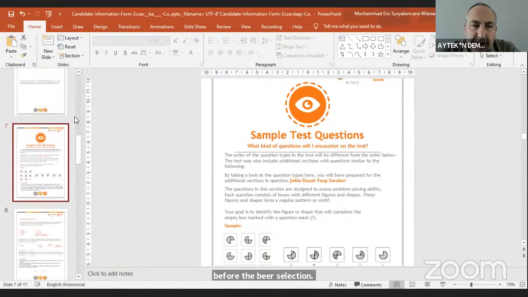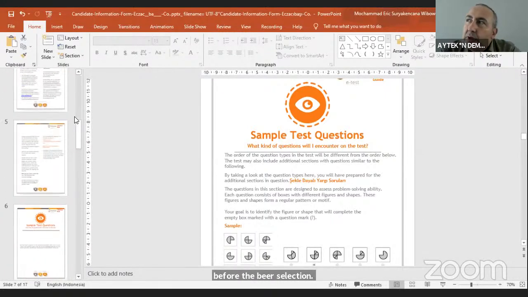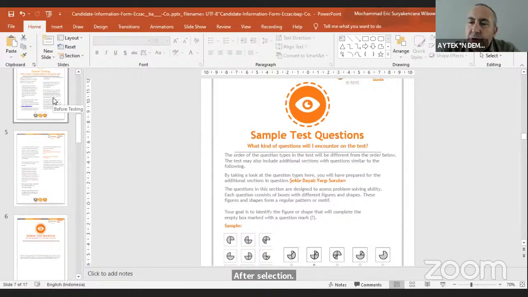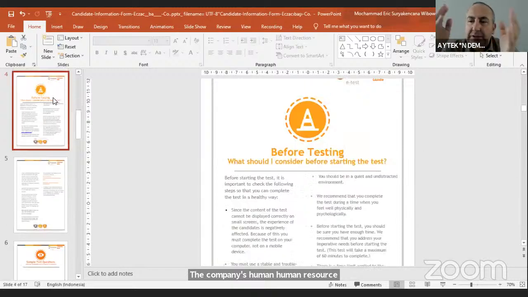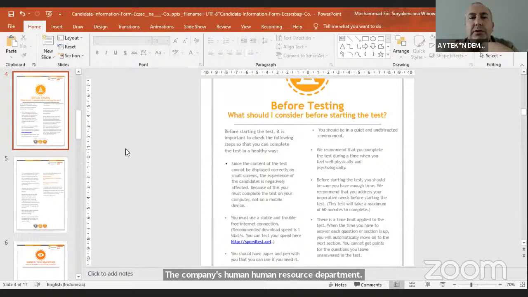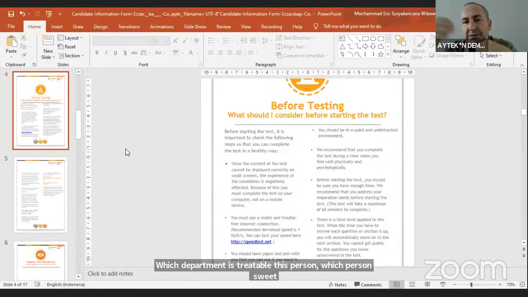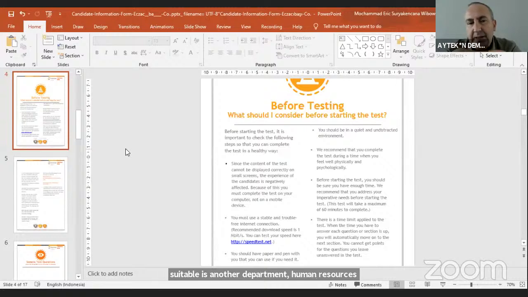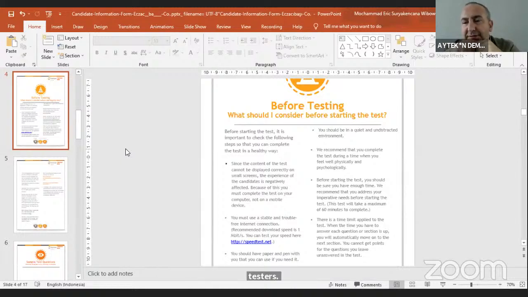After selection, the company's human resource department decides which department is suitable for which person. The human resources department decides these things, but this kind of test is for all participants before the work.